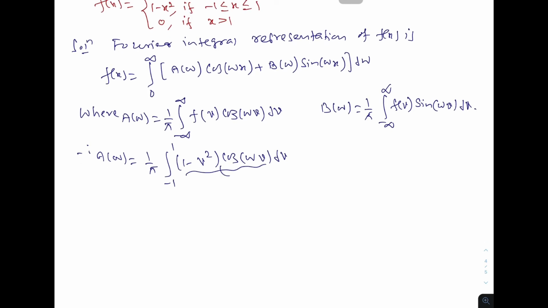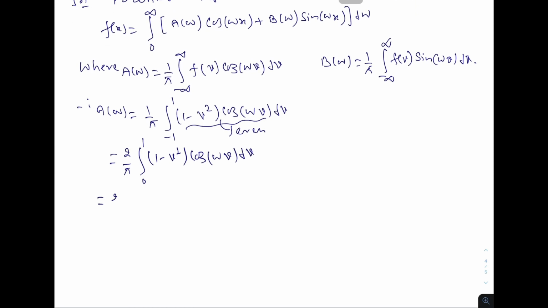Now this is even function. So we write this as 2 over pi integration 0 to 1, 1 minus v square cosine omega v dv.